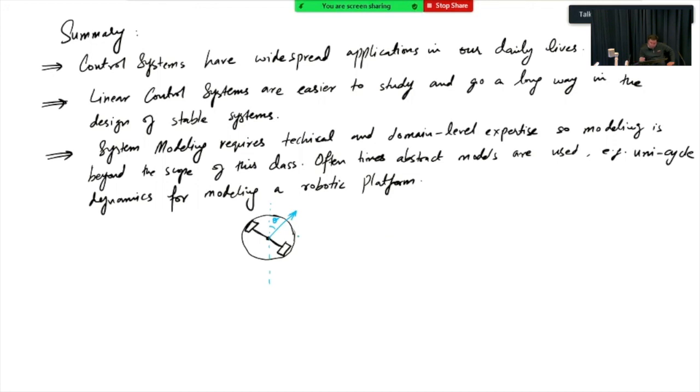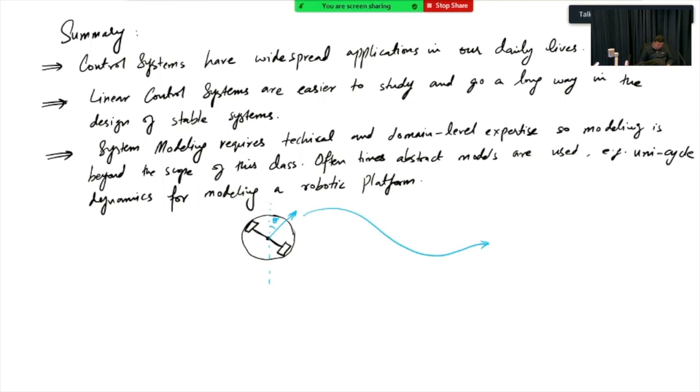But initially, if you want to move a robot from point A to point B, you need an abstracted model, and you basically design a controller to move it from A to B in a certain manner. And when it comes to real implementation, then you can translate that controller into an actual input based on what the system parameters are.